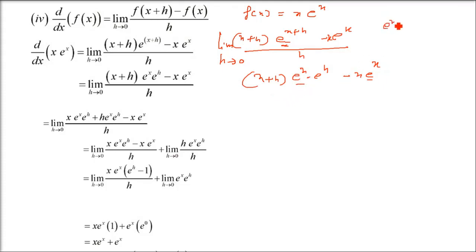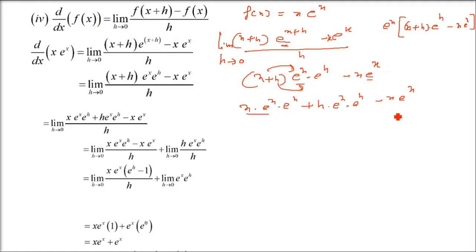Let us see, if I take e raised to x common, what am I going to get inside? Something like (x plus h) e raised to h minus x. I'm not getting that much help from doing this. So better is to multiply this x plus h with e raised to x times e raised to h. Multiply this now. So what do you get? x e raised to x e raised to h plus h e raised to x e raised to h minus x e raised to x, and this is divided by h.